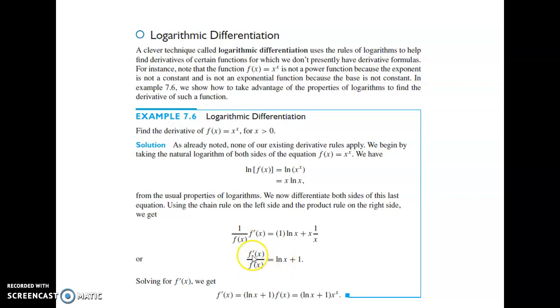Then I cross multiply: f'(x) is equal to f(x) times (ln x + 1). This f(x) is already given as x^x, I put it here. So f'(x) is (ln x + 1) times x^x. This is the logarithmic differentiation to be used when you have base x and power x.